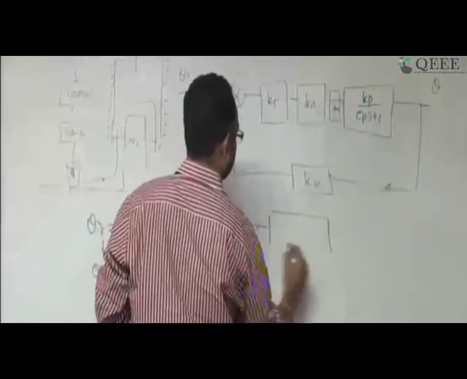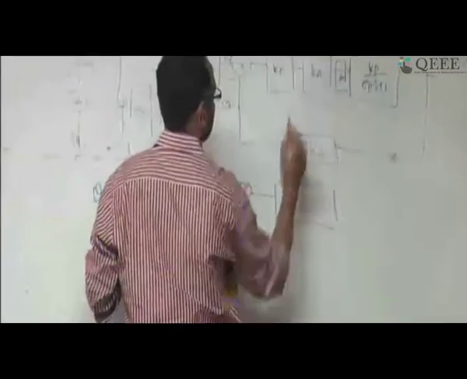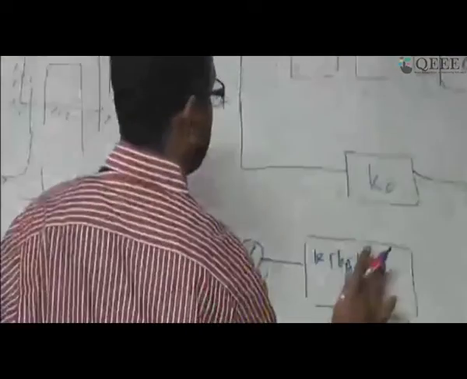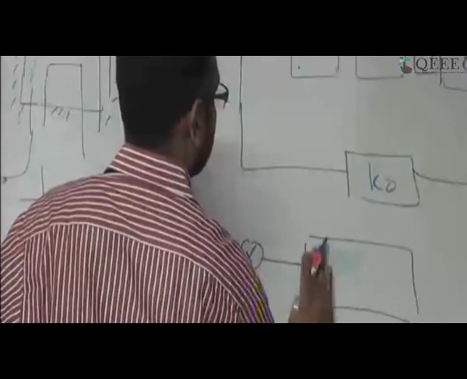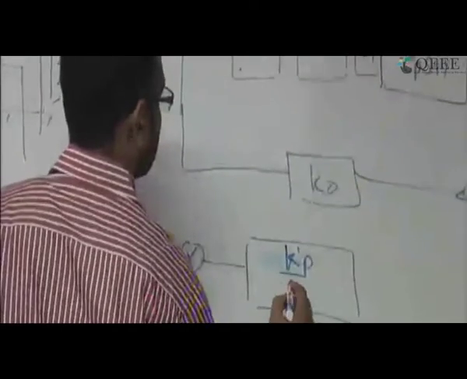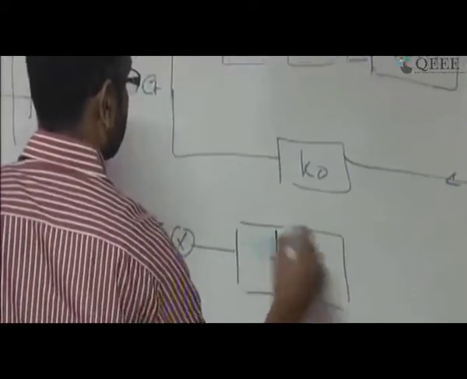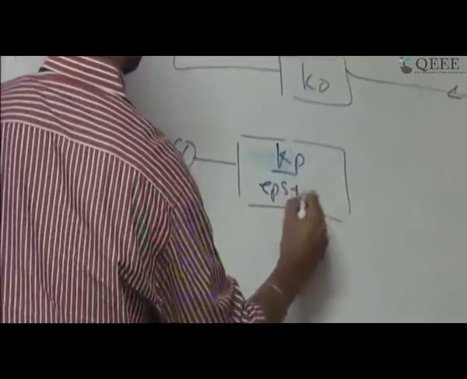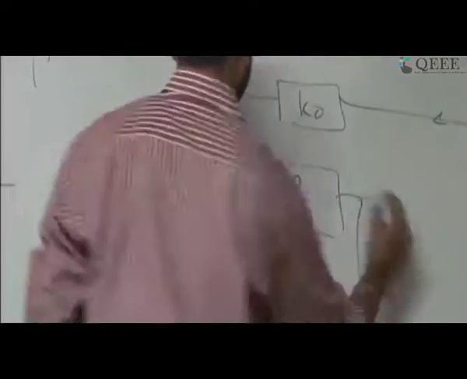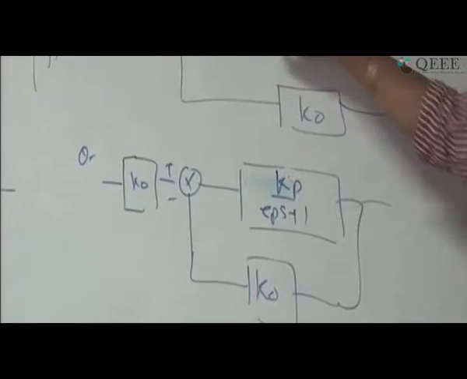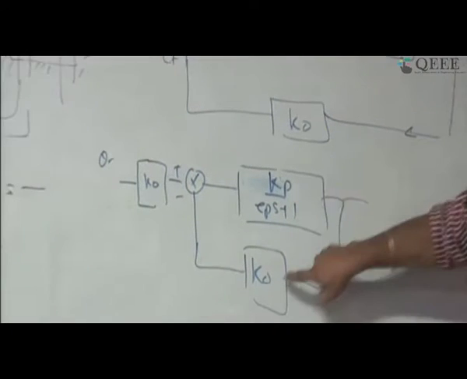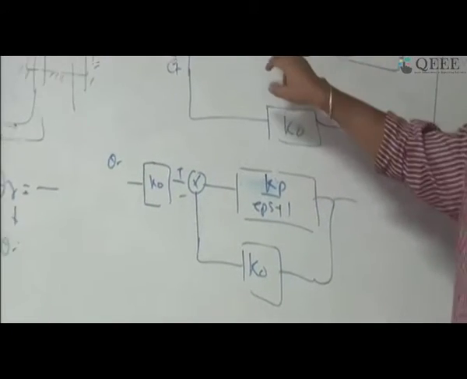Let me change the entire thing by a constant K dash p, and let me use Kp only, with tau p s plus 1, and this is K0. Okay, this part is clear. I have just taken the multiplication of the constants Kx, Ka, Kt, Kp, and made one constant, K0. One important point has to be noted there.